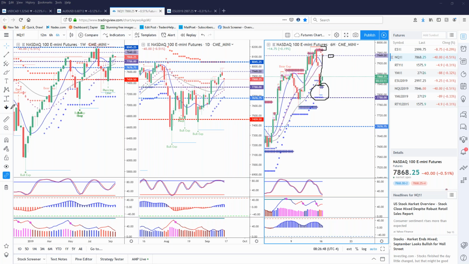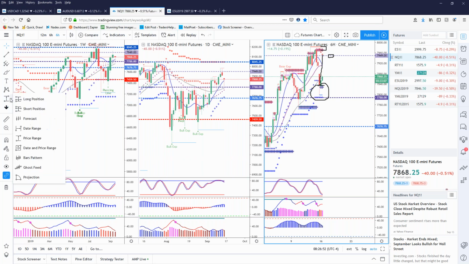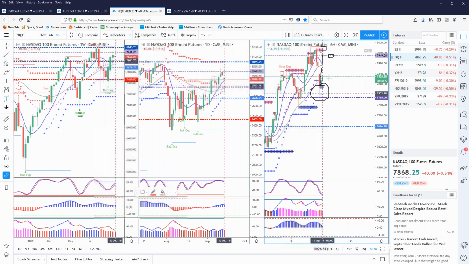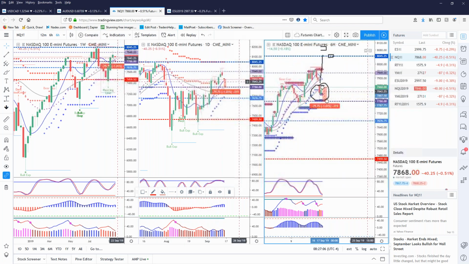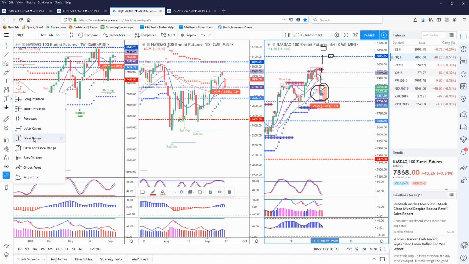Okay, so if we draw that using the little price tool over here, from where it's at now, you should have been from this one, but we're looking at it now. So if I draw this, you're looking at 80 points. And what are we looking at for profit potential?